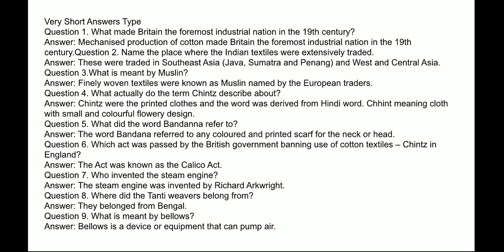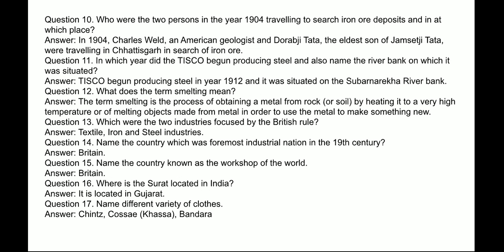Next question, what is meant by bellows? Answer, bellows is a device or equipment that can pump air. Next question, who were the two persons in the year 1904 traveling to search iron ore deposits and in which place?